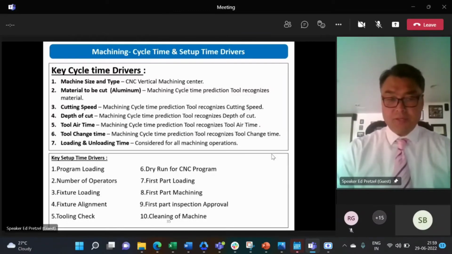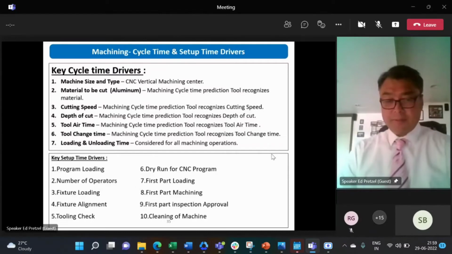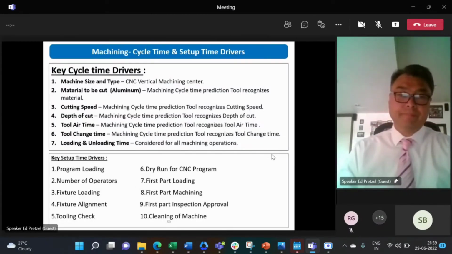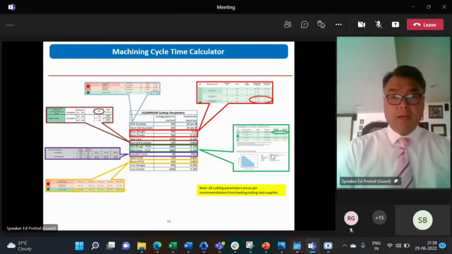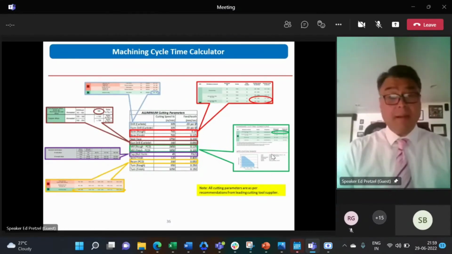And there's some additional time drivers when you think of setup, and we've listed those there also. We have developed a time predictor for machining, and this just highlights that.